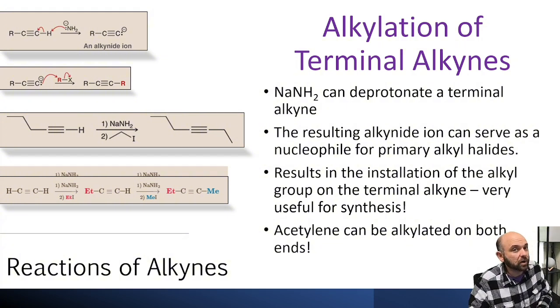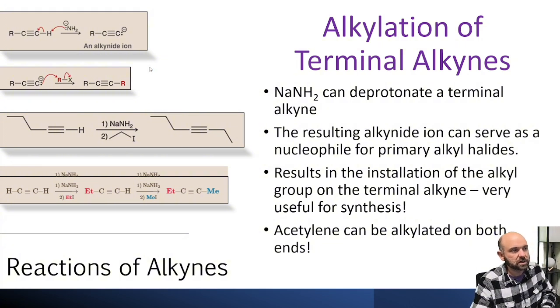And it can be any primary alkyl halide. It can be a primary alkyl halide with a chlorine atom on the end of a 9 or 10 carbon chain. And you can get those two to react together, and in the process you will add that chain to the end of the alkynide ion. So this is the first reaction that we have that allows us to lengthen our carbon chains.